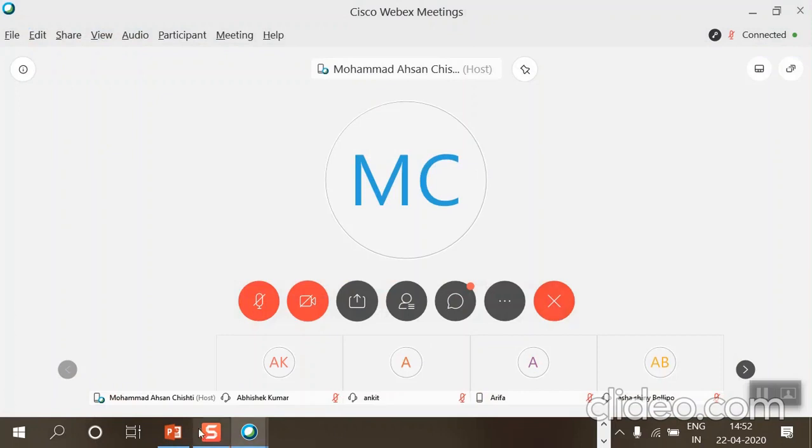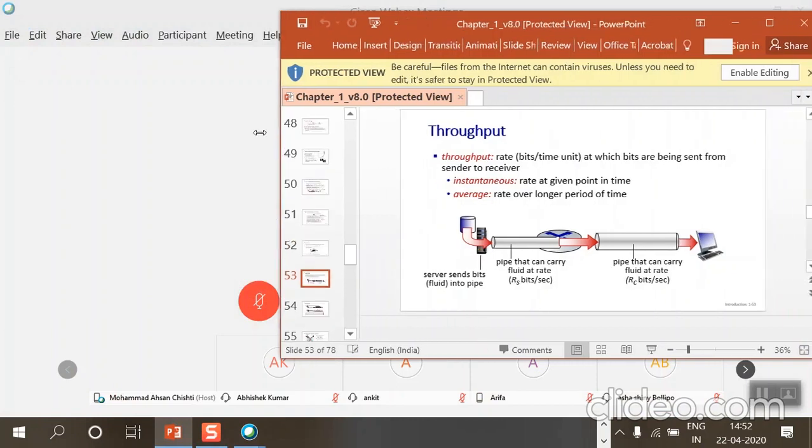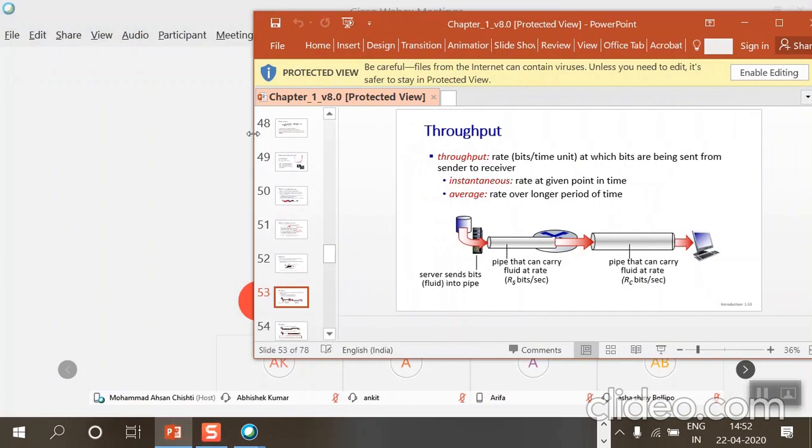Instantaneous is like just now you check your speed of internet and you say, okay, this time I'm getting 1 Mbps. And average would be over the period of the last one day, what was your internet speed? So they would average all the instantaneous throughputs and give you the average of these.